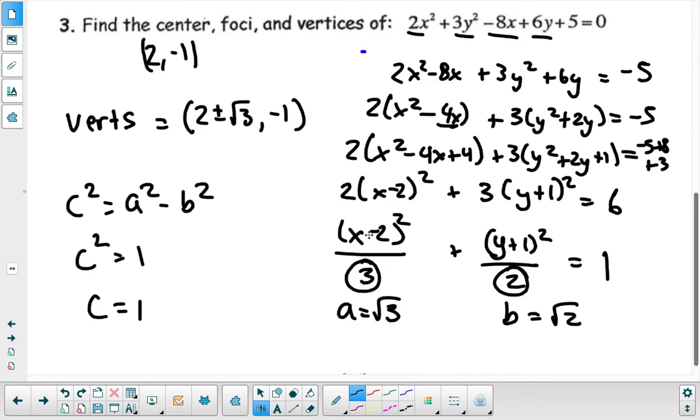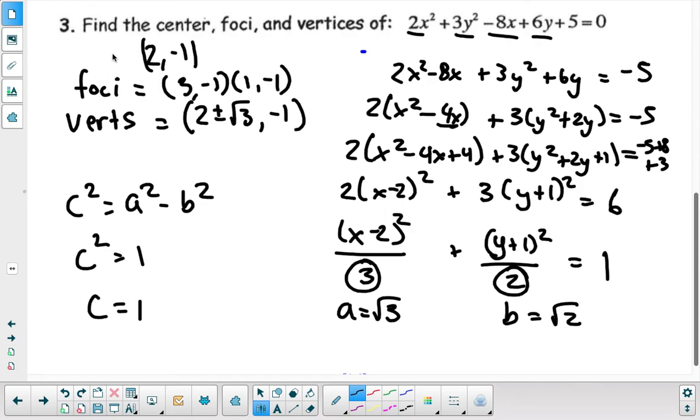The x-axis is our major axis. So the foci, and I'm not going to cheat on this one just because it's a nice number, but 2 plus 1 is 3, comma, negative 1. The other one is moving the other direction, so 1, negative 1.